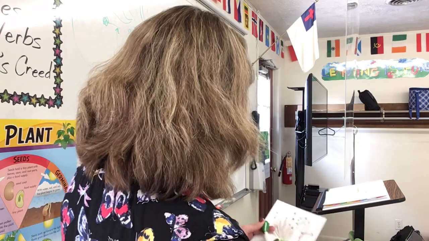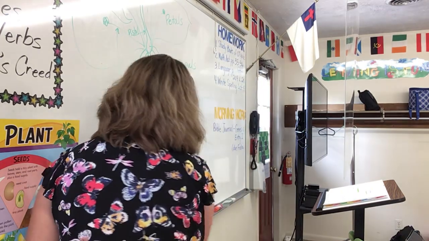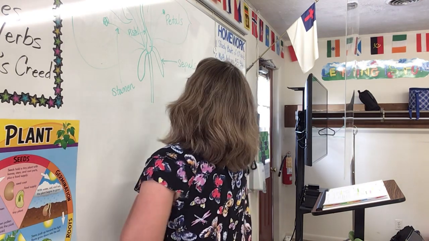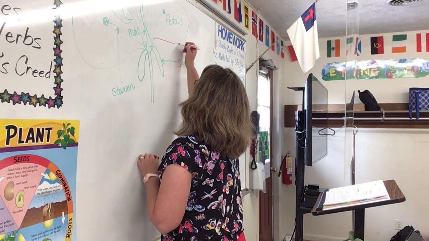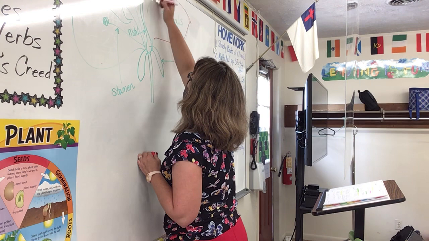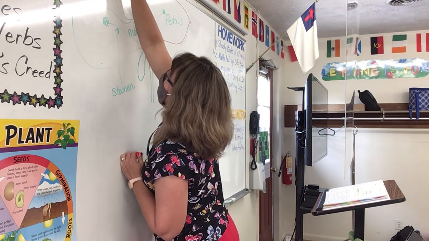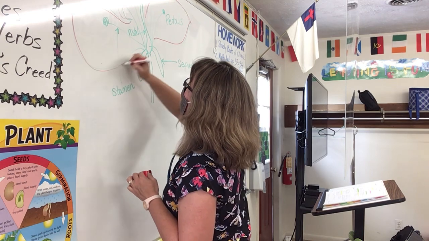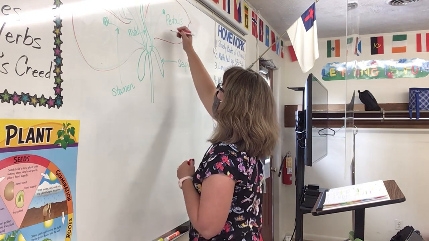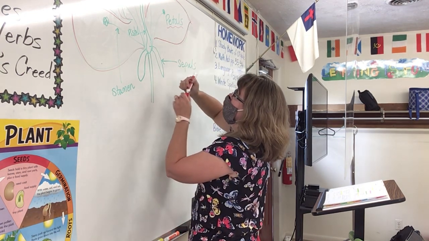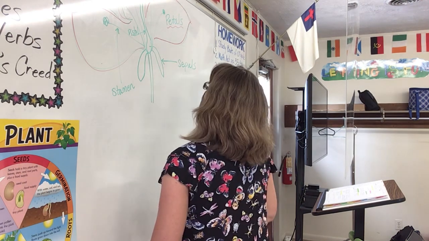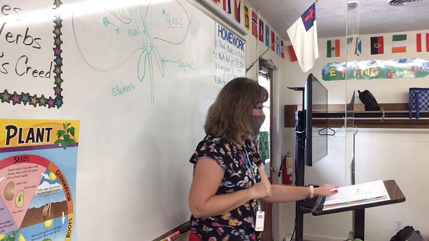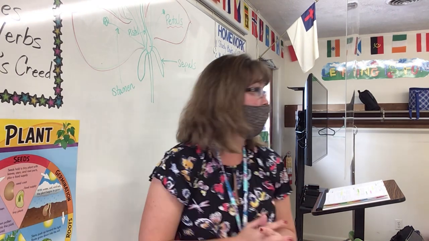So mine's all one color, but you might want to draw your petals pink. That looks like a lemon. The very right petal and the very left petal look like a lemon. And the other one looks like a mountain. I did mine like this.